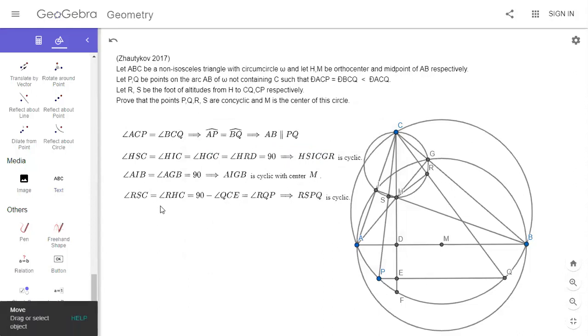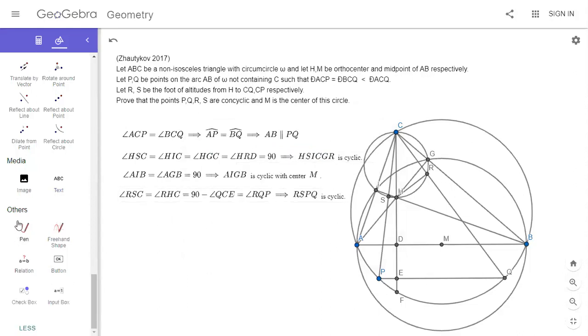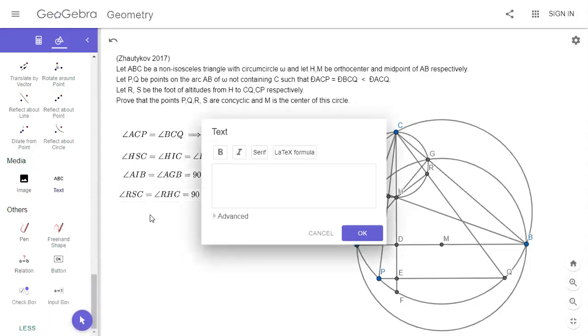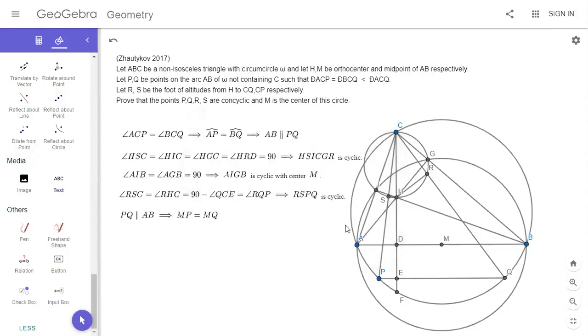And then since PQ is parallel to AB, then we have MP equals MQ. And then also, we can show RS is parallel to IG.